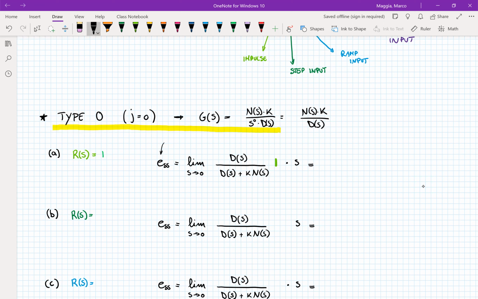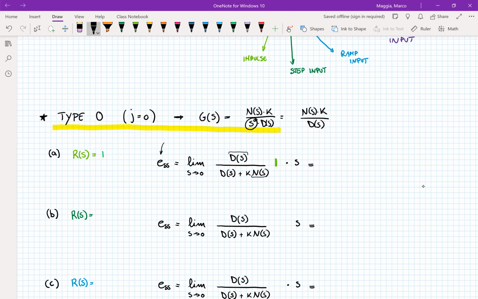S equals 0 does not make D of S nor N of S go to 0. Otherwise, we would have poles or zeros at the origin, and that is already taken care of by this term. And we know that for type equals 0, we don't have any pole at the origin.